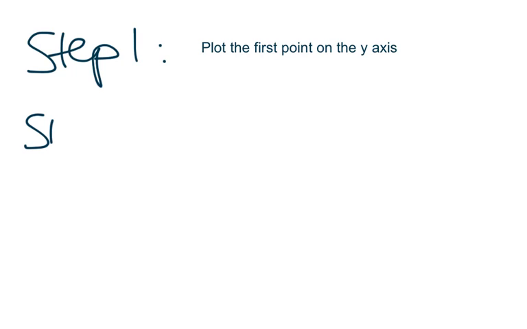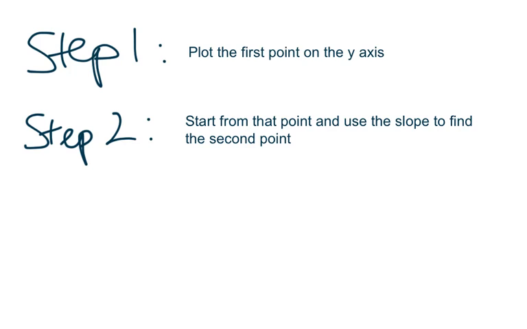So to recap, step 1 is to plot the first point on the y-axis. Step 2 is to start from that point, use the slope, and find the second point. Step 3 would be to connect those points using a straight line.